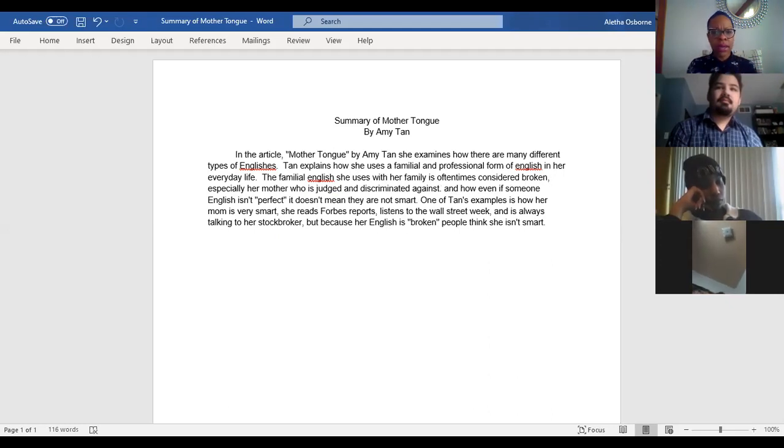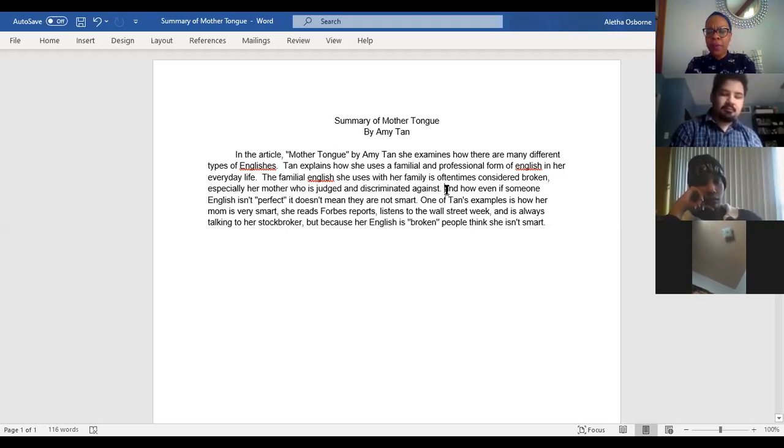So the discussion of the familiar English, which is a type of English she examines in her essay, is often considered broken, especially her mother. Now, I know the language may be a little bit off. Her mother, who is judged and discriminated against.